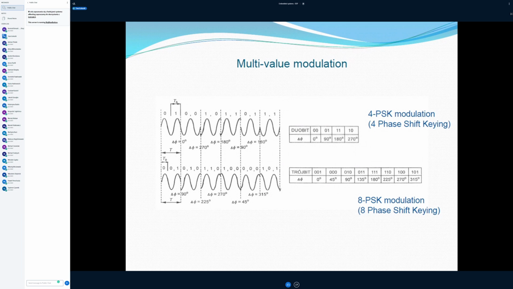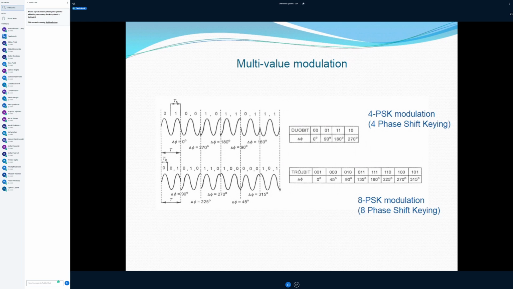I want to draw your attention to the fact, I didn't say that last time, but look, here you can see the symbol delta F. That means that we have the difference of phase.